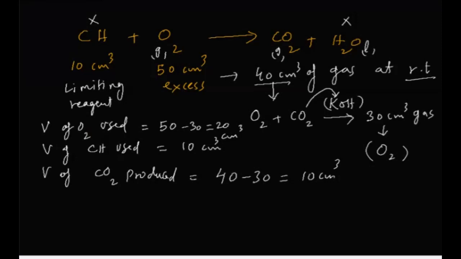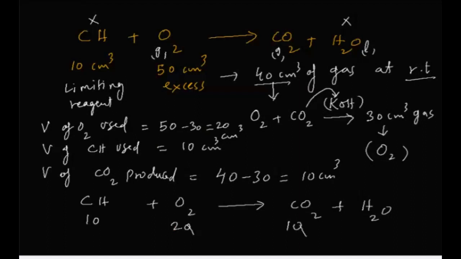Now, if we take these volumes of reactants and products, we will be able to predict the formula of the unknown hydrocarbon. So we have 10, 10, 20, and then 10.